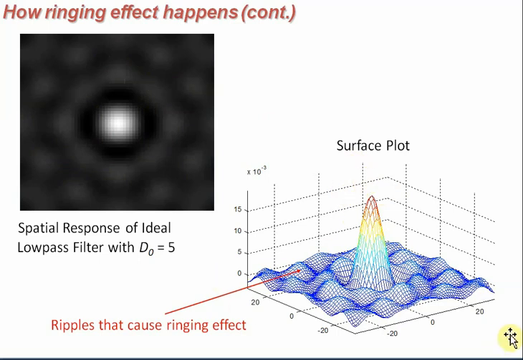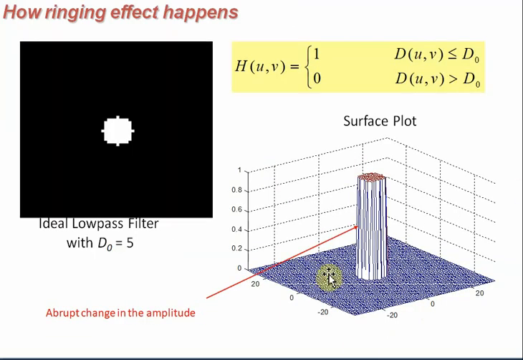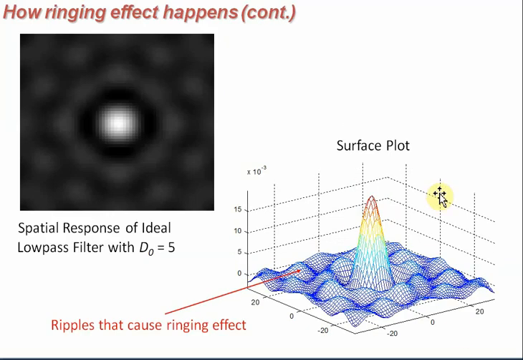For this particular H of u comma v, the graph of H of x comma y is like this.